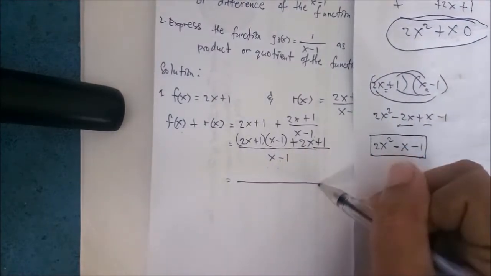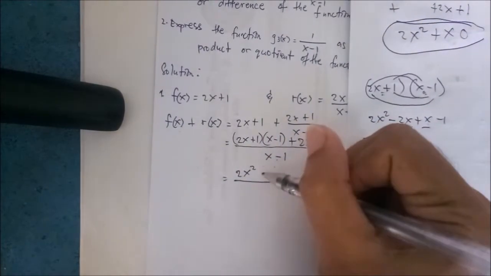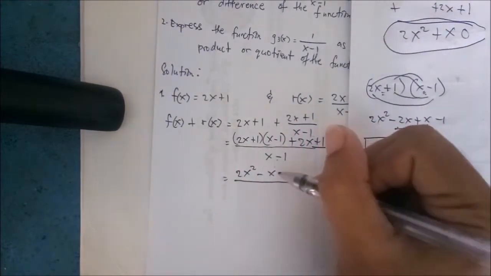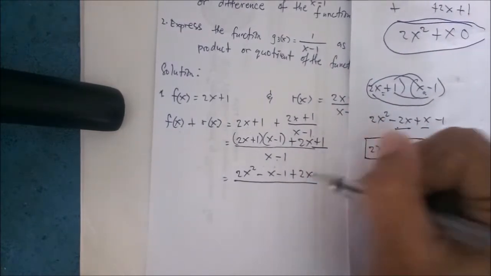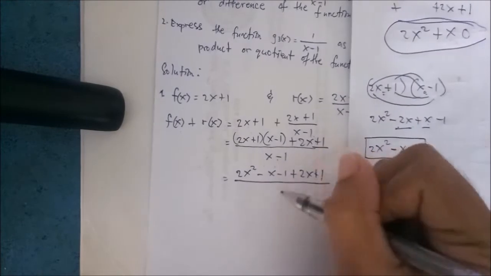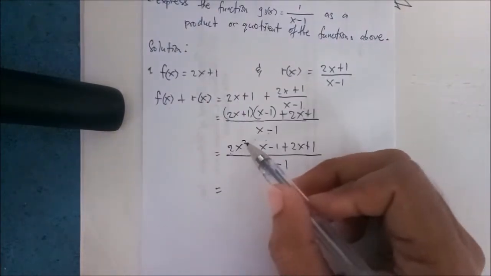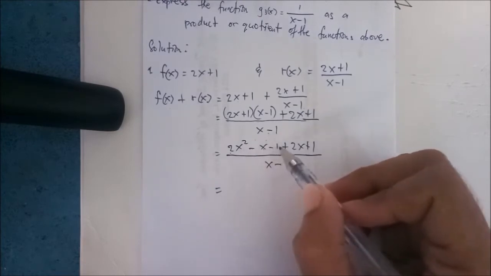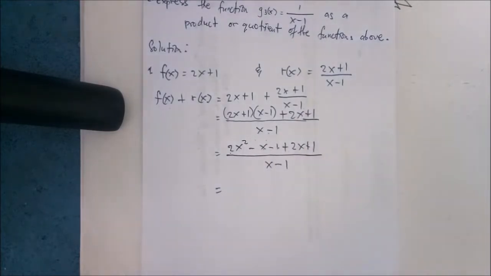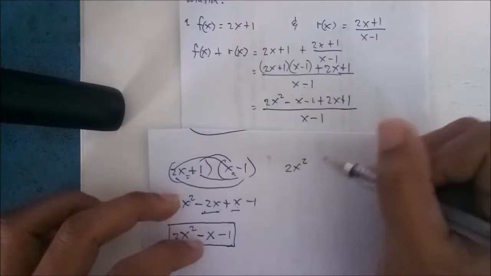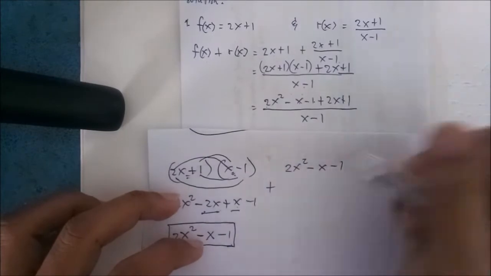Then we have 2x squared minus x minus 1 plus 2x plus 1 over x minus 1. We need to add 2x squared minus x minus 1 plus 2x plus 1.